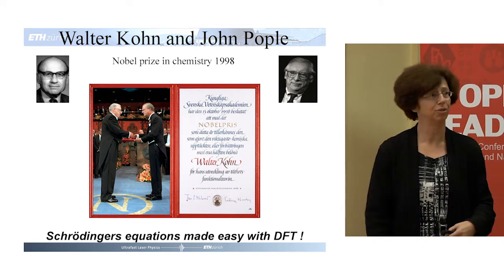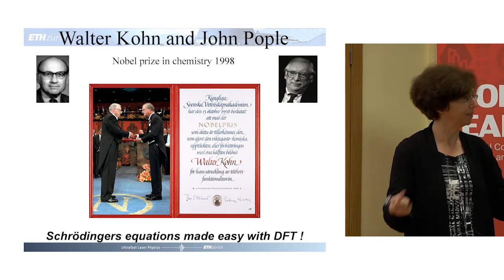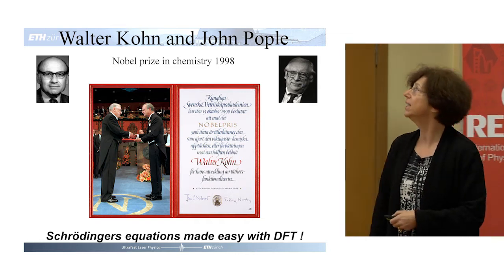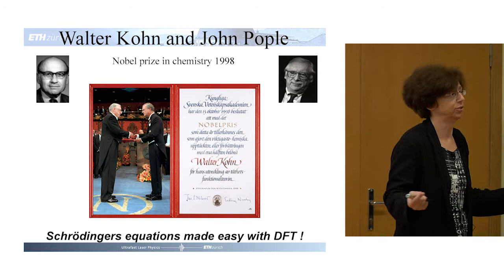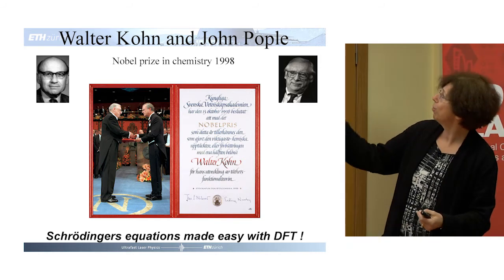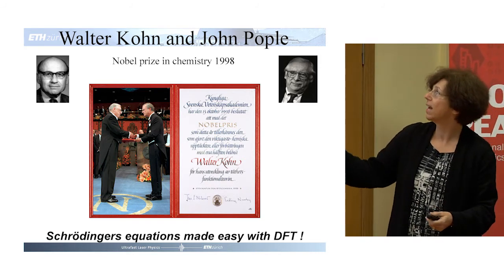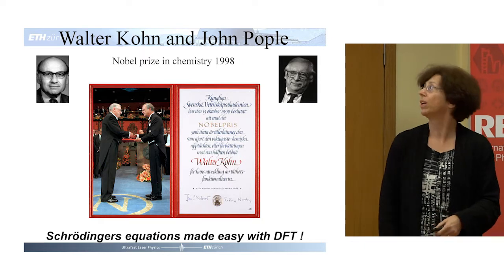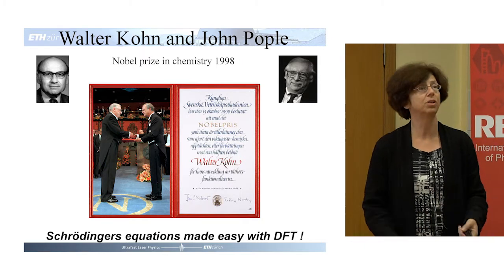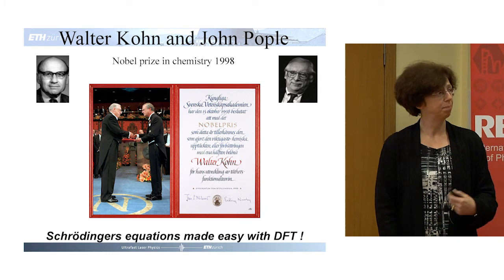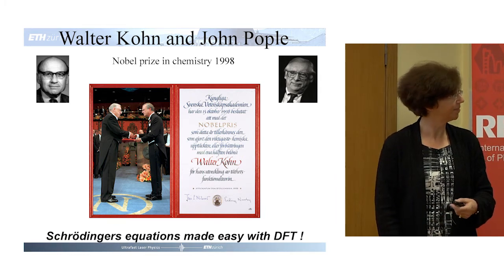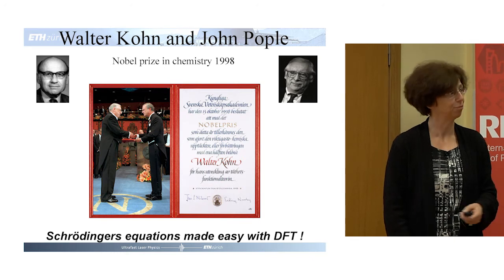And the belief was, oh, DFT is solving our problem. It makes the Schrödinger equation very easy. But what happened since 1998? DFT has been a success story. This is the explosion of using this kind of codes to explain what is going on in chemistry, in materials, in condensed matter. But people also realized over time that the phase information you couldn't just get rid of.